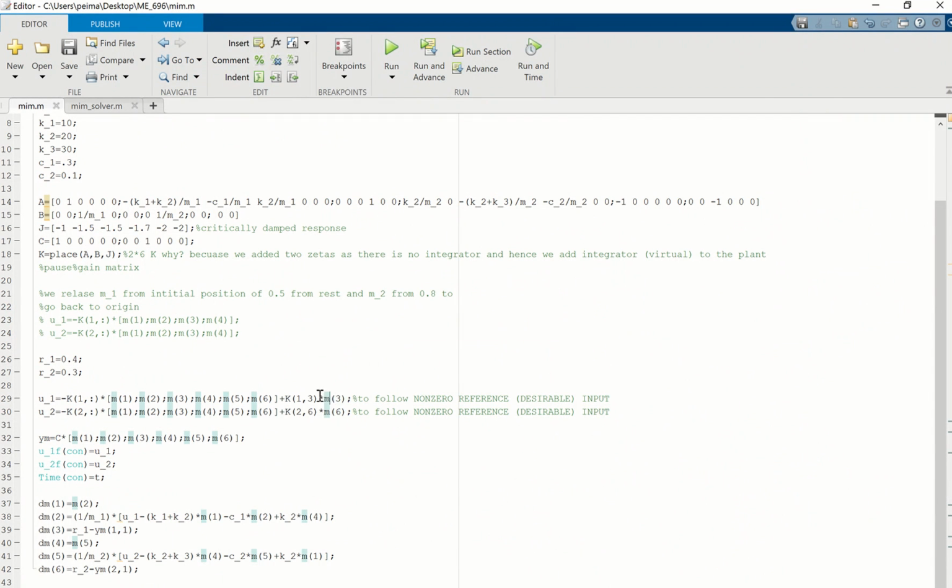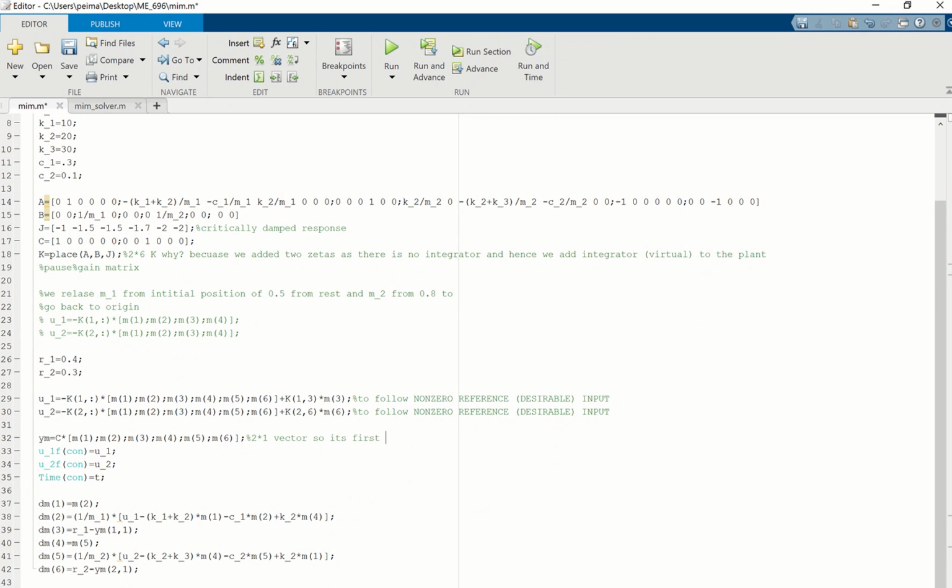That's right. So this is zeta. Zeta is x3, x6. How do you know it? I just generated here. dx3 is r1 minus y. Okay, but y is Cx again. Your C times x again. So your y is going to be how much? It's going to be a 2 by 1 vector.